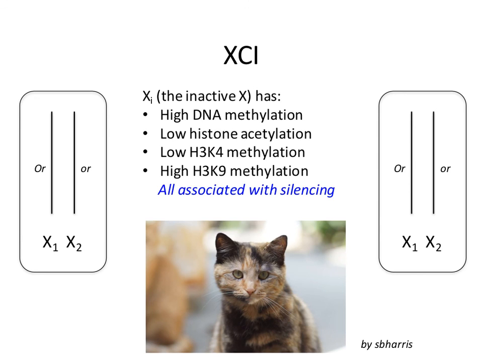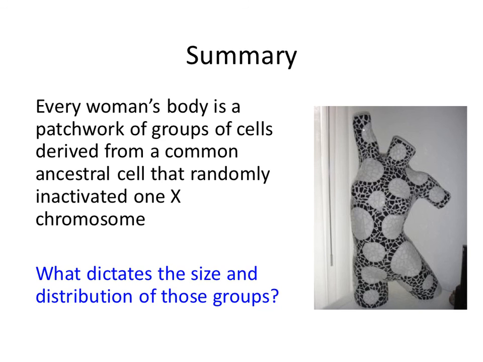So all of these modifications that you find on inactive X chromosomes are associated with silence. So every female body has patches, like a mosaic, that have one X chromosome turned off or the other. Like the calico cat, like this actual mosaic of a female bust.